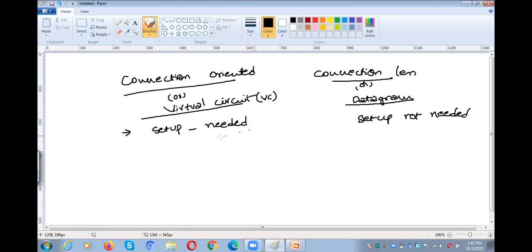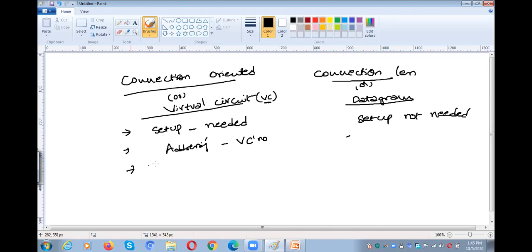Setup means connection establishment. And then coming to addressing. In the case of connection oriented service, there is a virtual circuit number for the connection. As it is a connectionless service, each and every individual packet can follow its own route. There is no separate virtual circuit number here.